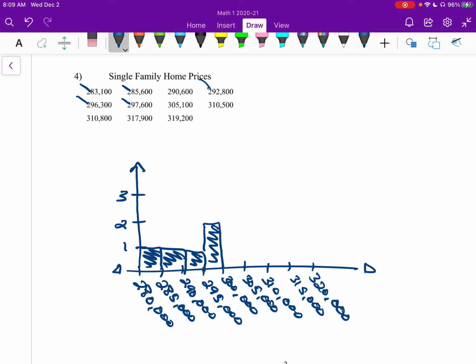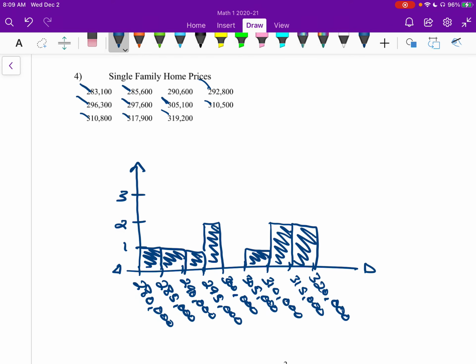And then between 300,000 and 305,000, I actually don't have any because this 305,000 starts at the 305,000. So I'll have a 1 in the 305,000. 310,000, I'll have 1, 2. And then 315 to 320 will be 1, 2.